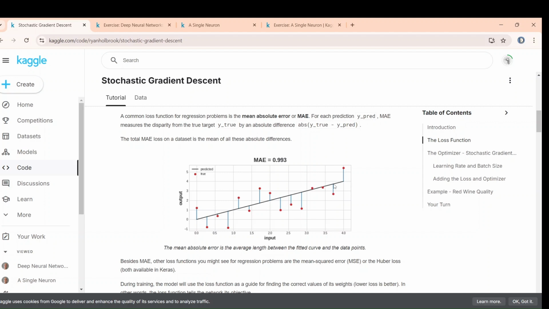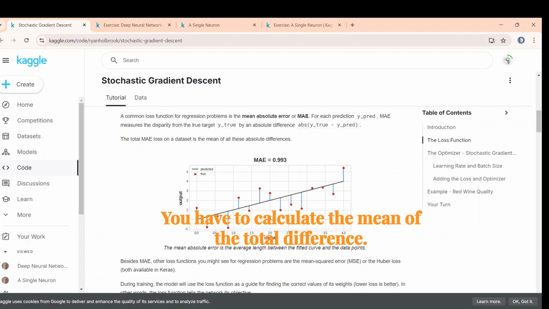Same here, you have calculated this one, but the real one is this. Here the difference is almost null. But here also your model has predicted this one, but this is the real one. So there is a difference. If you add all of these differences, then this is known as mean absolute error. You are just calculating the absolute error.